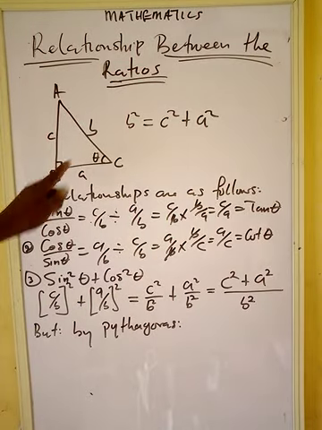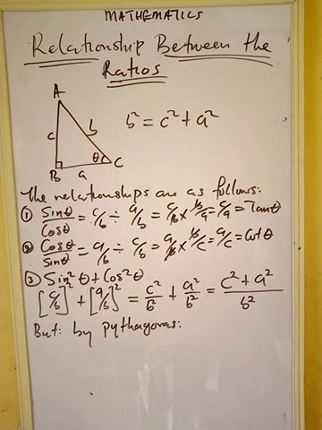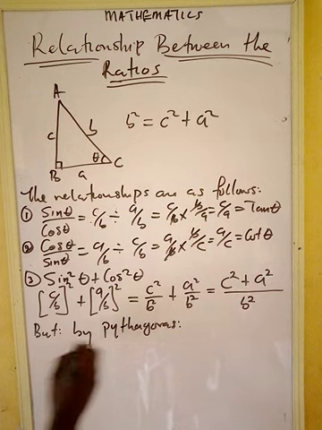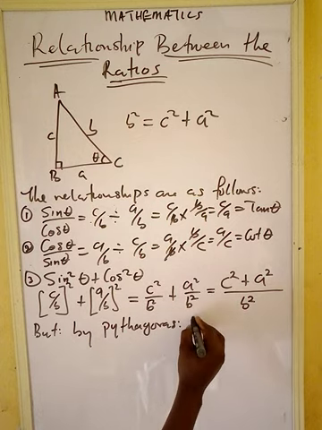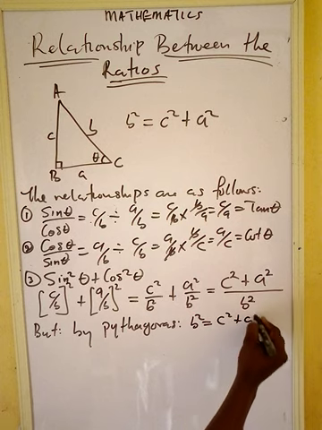Therefore b squared equals c squared plus a squared.